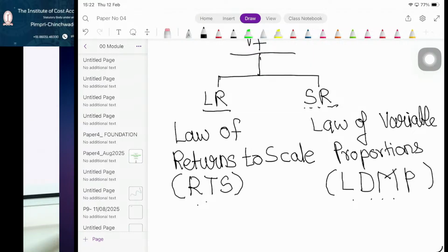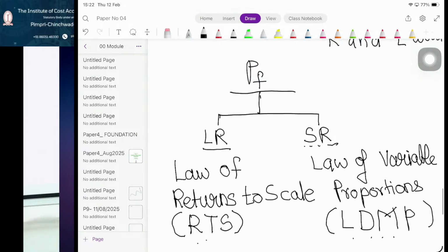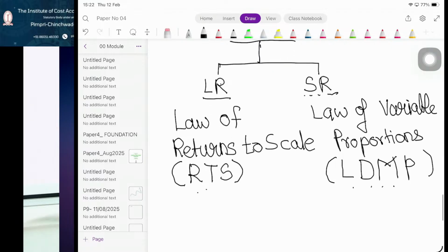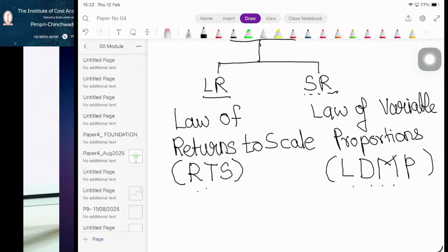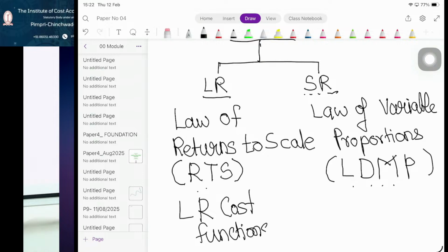Okay, fine. Later on, just remember what we're going to eventually show: the long run laws of returns to scale give us the long run cost functions. And the short run law of variable proportions will give us the short run cost functions. So there is a very strong reason why we study this.